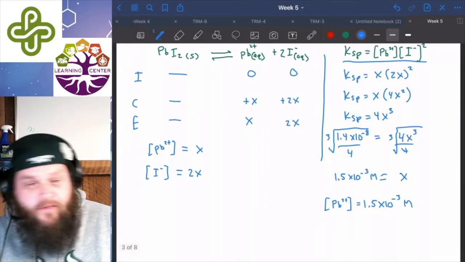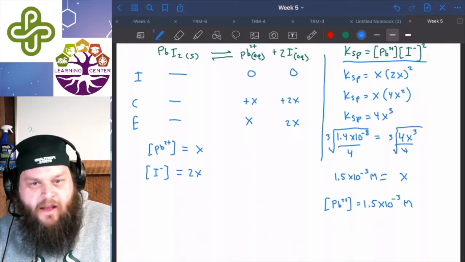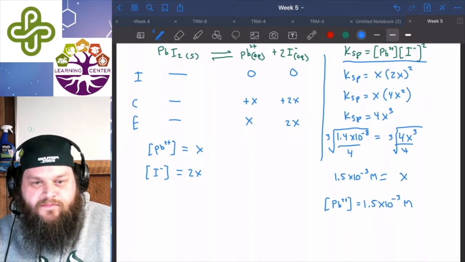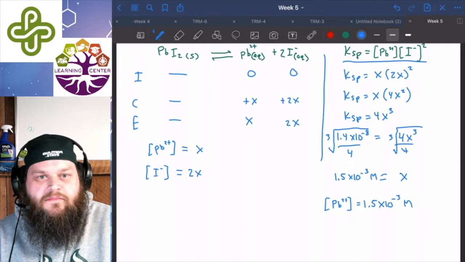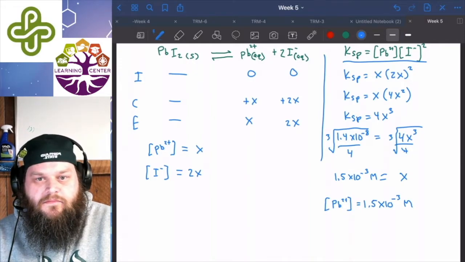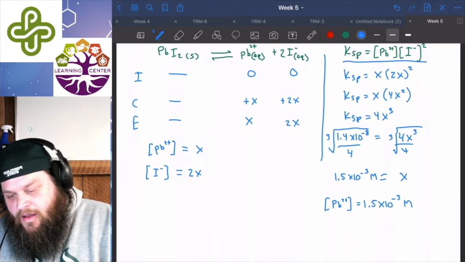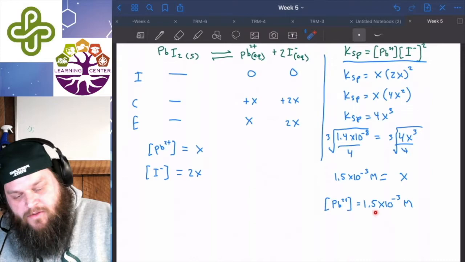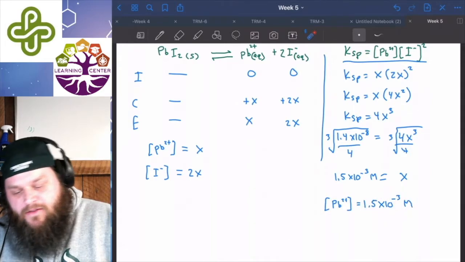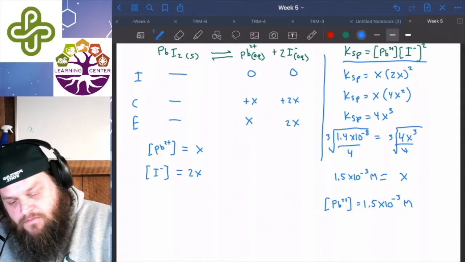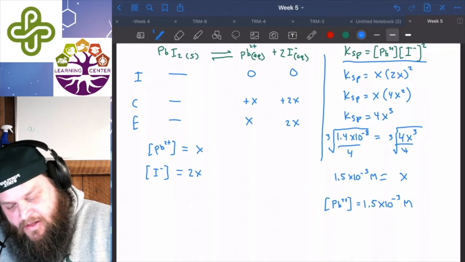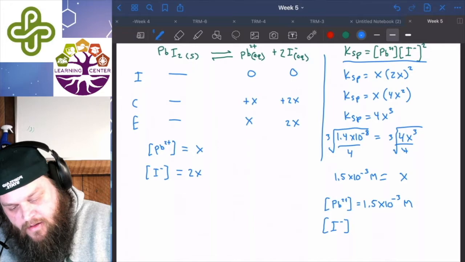So is that the same for the concentration of iodide? Iodide was 2x. So I have to multiply this value here by 2. So doing that, I can see that the concentration of iodide is going to equal twice that value.